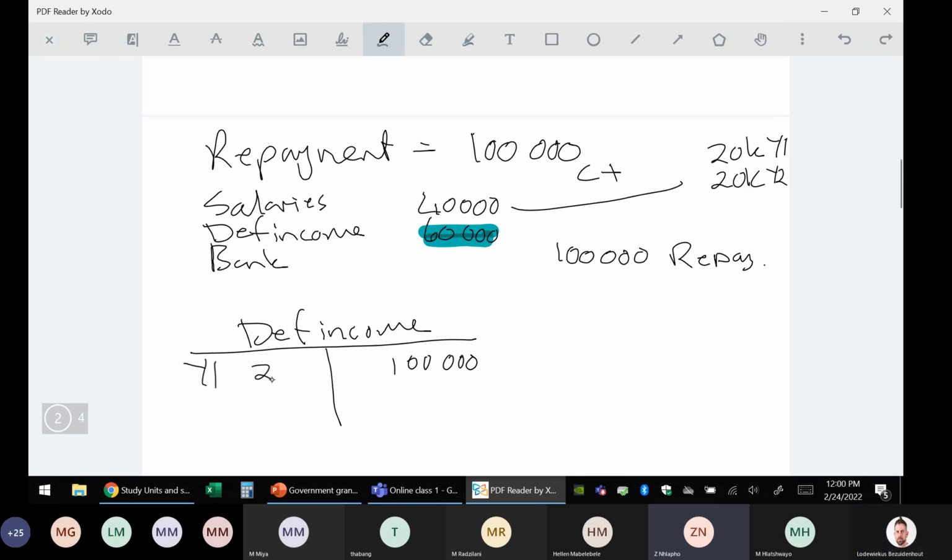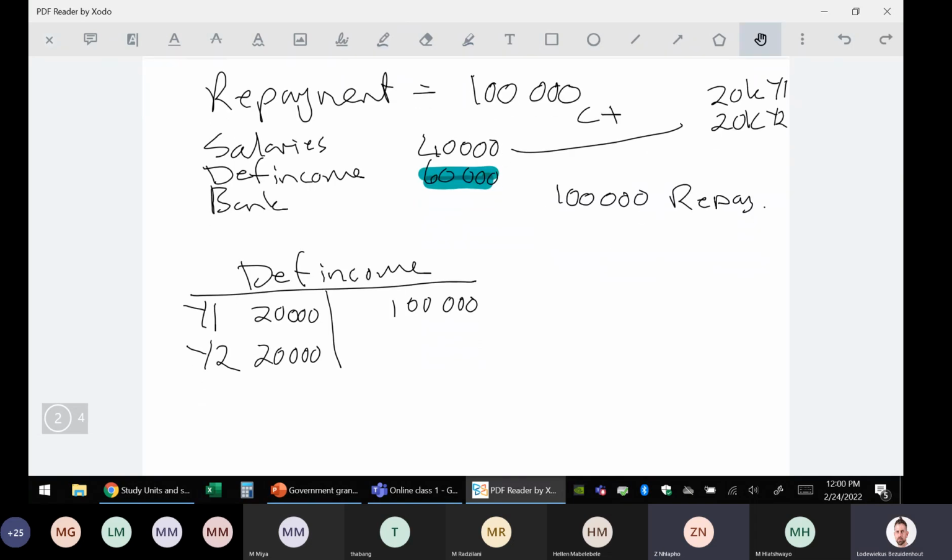Year 1, we showed 20,000. Year 2 was 20,000. And then we have a balance of the 60. So the 60,000 now will go to bank and our account will be 0.